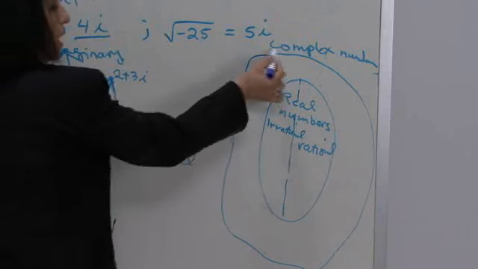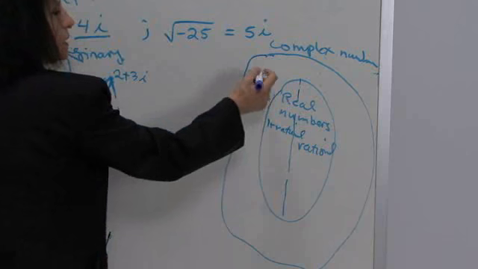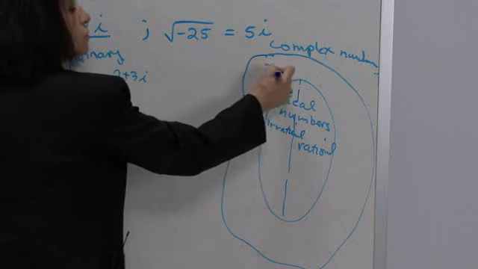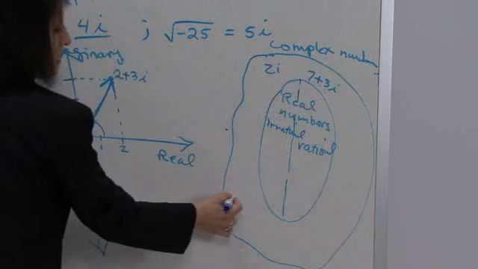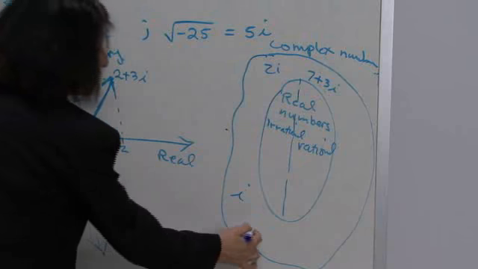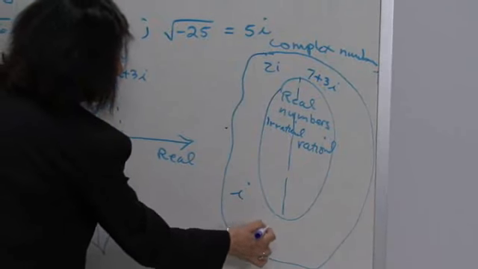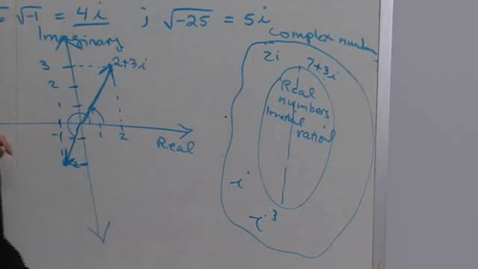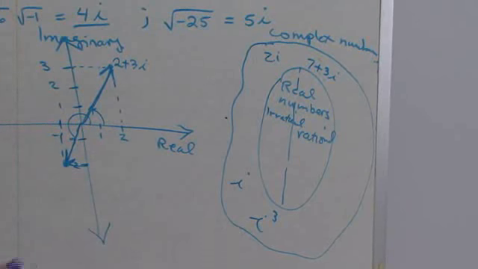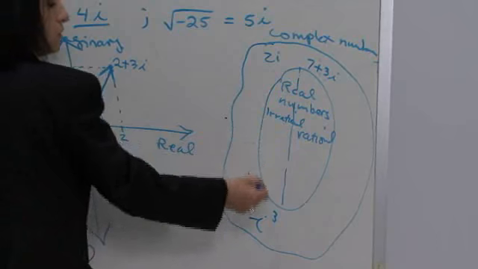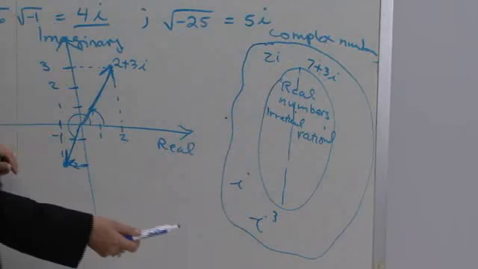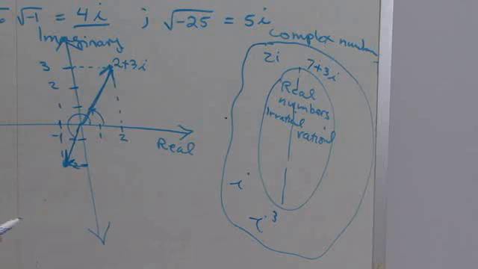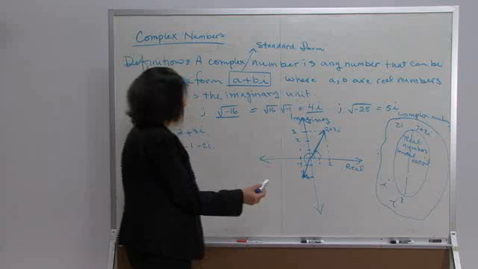And then outside the real numbers is numbers with i, like 2i, 7 plus 3i. Anything that has i is out there, i to the power 3, and so on. So we used to know only real numbers, but now we know a bigger set that includes real numbers as a subset, which is called the complex numbers.